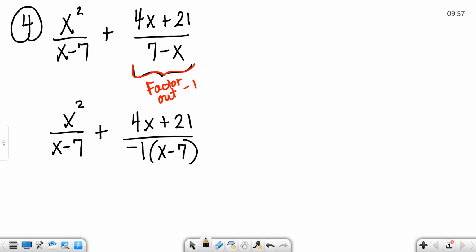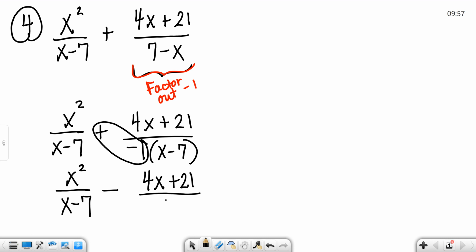Now, I don't want that -1 sitting down there. So what I'm going to do, okay, those two things together give me a minus. So really my problem now says x squared over x minus 7 minus 4x plus 21 over x minus 7. All right, because we factored out that -1.